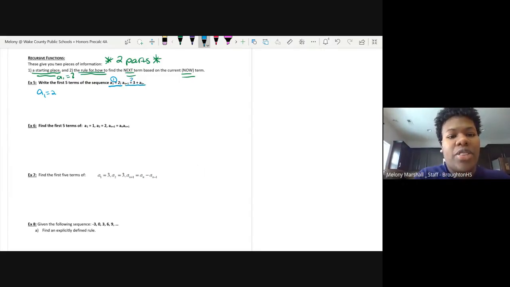This is literally the rule. It tells us that if we take 3 and add it to the term we have now, that will give us our next term.